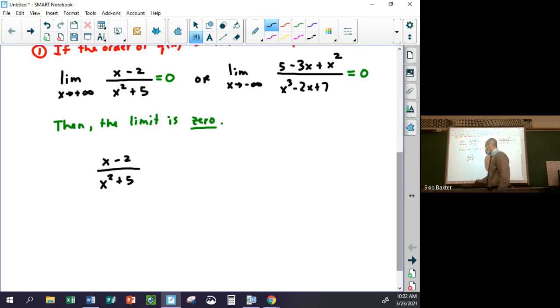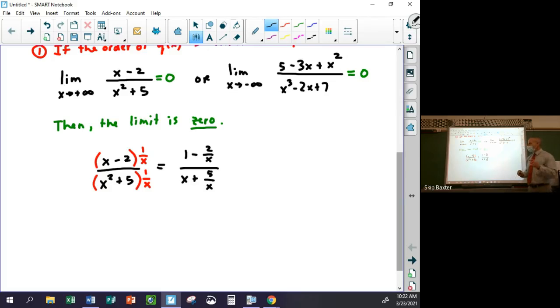I could multiply this whole thing by 1 over x, and I could multiply this whole thing by 1 over x. So if I do that, what happens? If I distribute this, I get 1 minus 2 over x. And then on the bottom, I get x plus 5 over x.